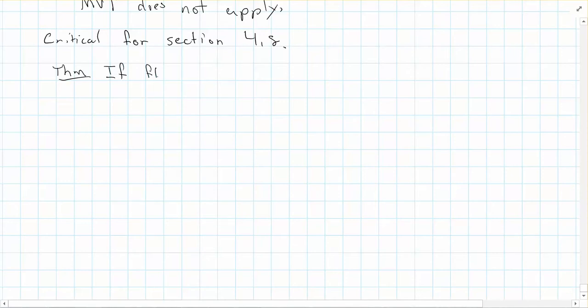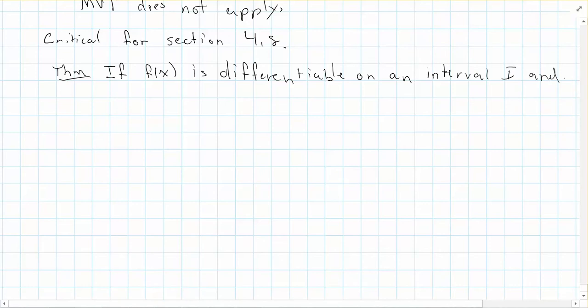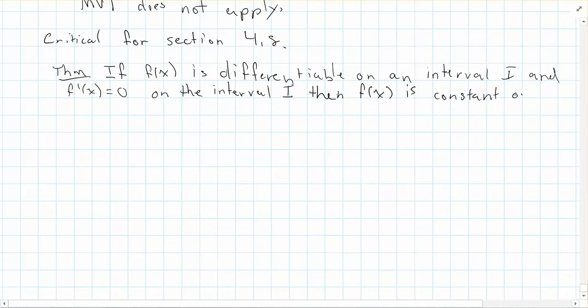If f of x is differentiable on an interval I, and f prime of x equals 0 on the interval I, then f of x is constant on the interval.